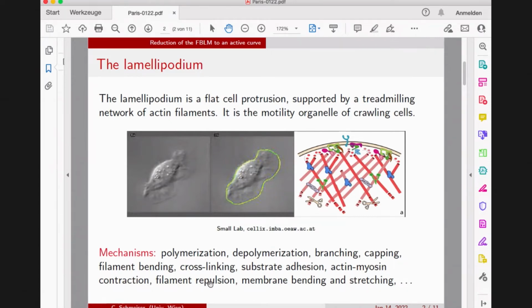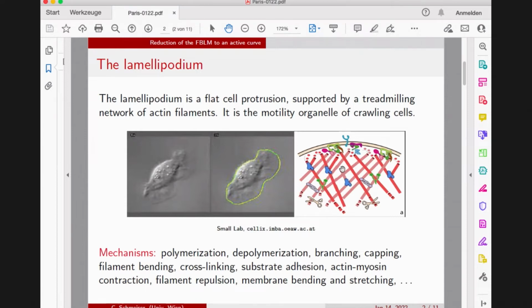Another process is filament repulsion. There's typically a repulsive force between parallel filaments, and the reason is that these filaments carry some electrical charges. So these filaments are actually charged. And since charges repel each other, there's a certain repulsion between parallel filaments. And then the whole environment of the filaments is also important.